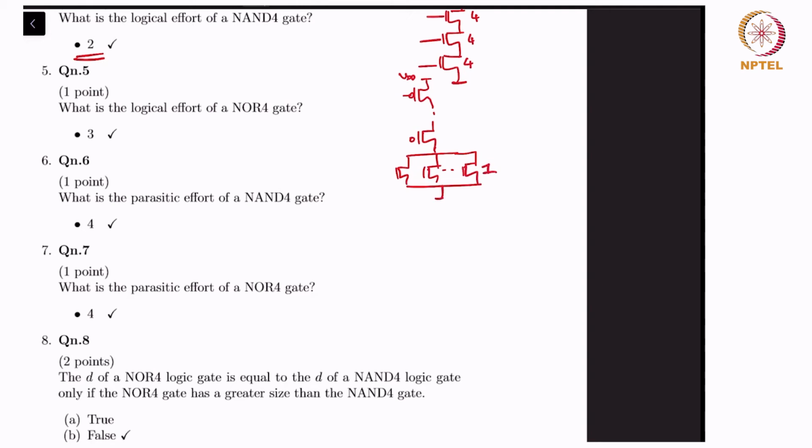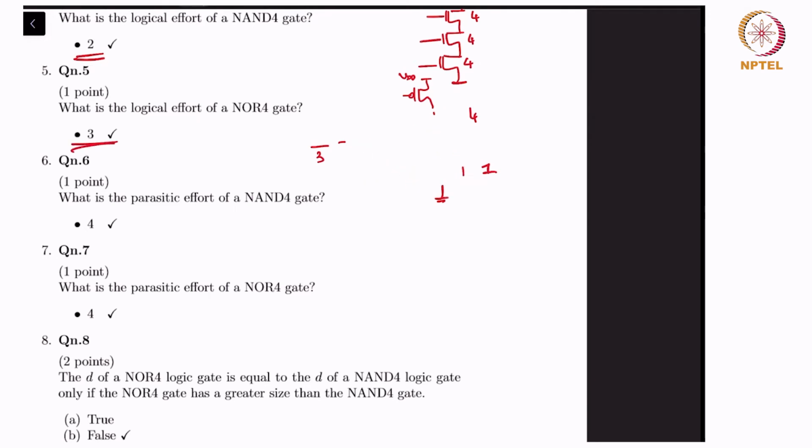These are all 1 stack, so they have a size of 1, and this is a 4 stack, so the size is 4 times the reference size, which is 2, so 4 into 2 is 8. So now the gate cap, let's say these two are the same, is 8 plus 1, 9 by 3, which is 3.